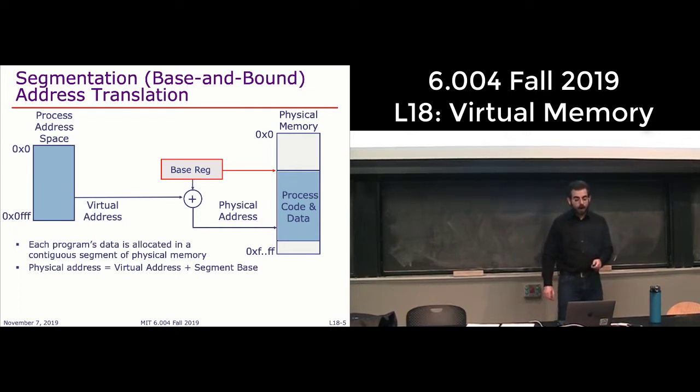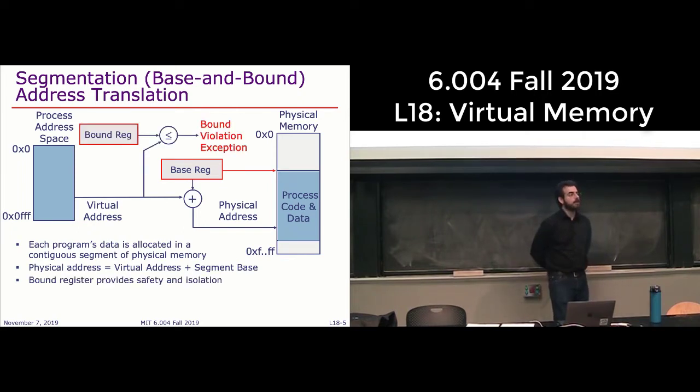And so we also want to prevent any out-of-bounds accesses, right? Any access to an address that's larger than this largest address that we have allocated to the process. And to do that, we add a bound register. And so for every virtual address that we want to translate, in parallel, we also compare it with the contents of the bound register. And the bound register in this case would be hex FFF, right?